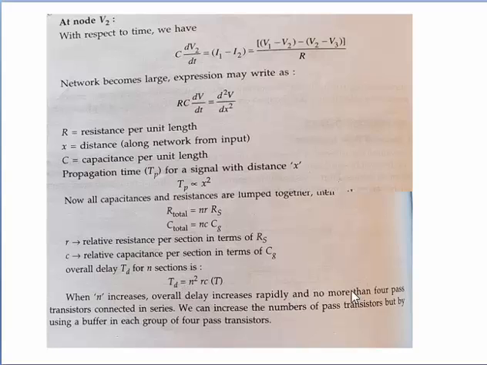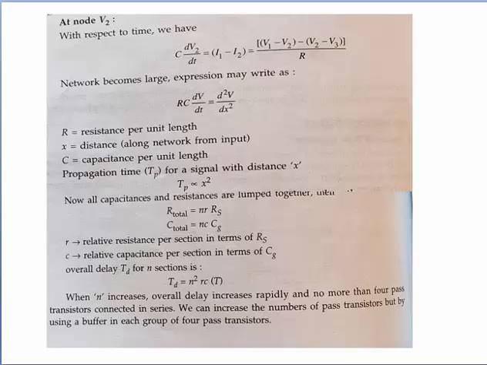So no more than 4 pass transistors are connected in series. We can increase the number of pass transistors but by using a buffer in each group of 4 pass transistors. So this is about the cascaded pass transistor, in which we connected the 4 pass transistors in series, and we have calculated the delay for the cascaded pass transistor.